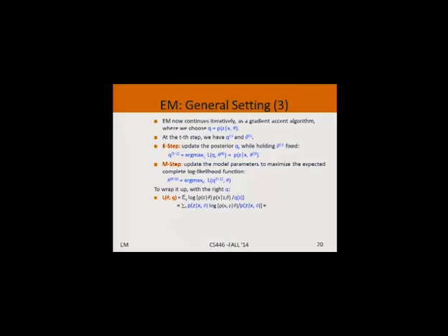If you multiply this, really what you get is P of X comma Z given theta, divided by Q of Z, which I'm substituting to be P of Z given X and theta. So copying this, I'm just multiplying everything by P of X given theta. Here I multiply by P of X given theta, and here I divide by P of X given theta.